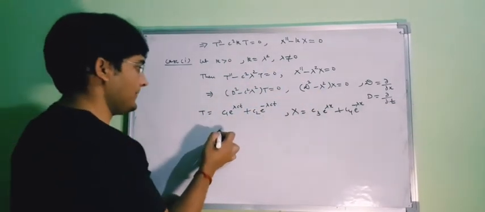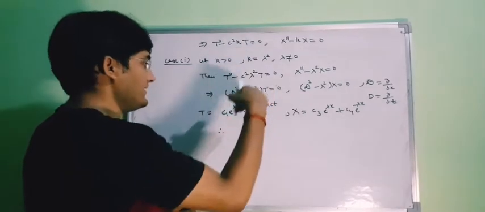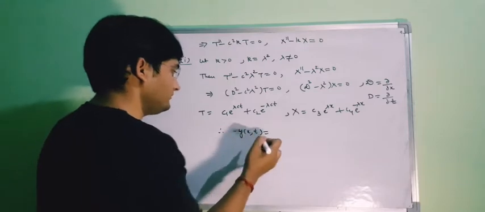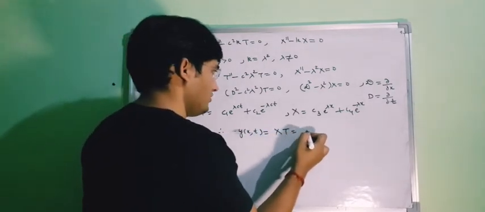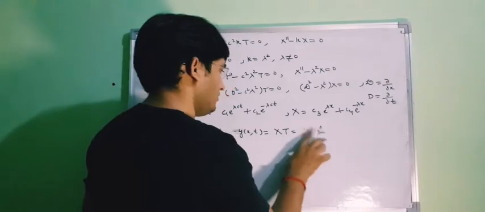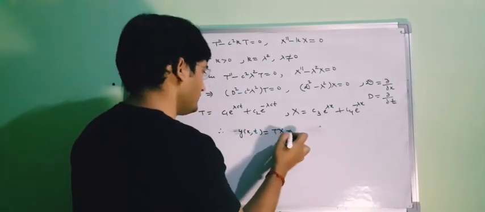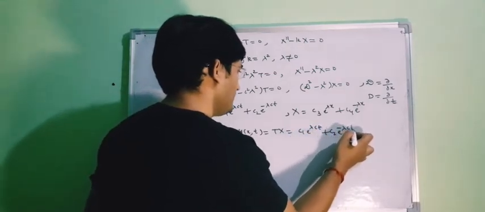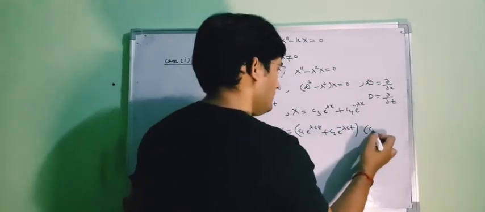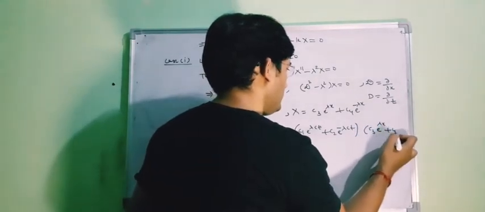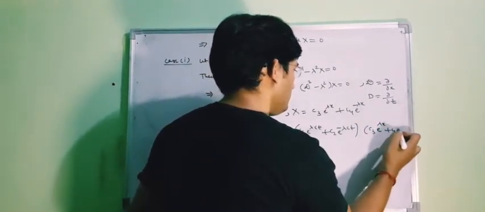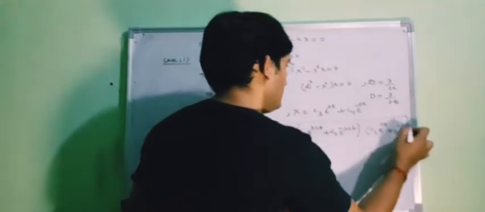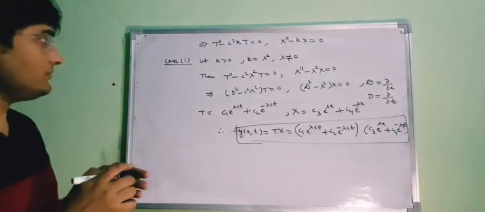Therefore our final solution y(x,t) will be X into T, which is (C1 e^(λct) + C2 e^(−λct)) (C3 e^(λx) + C4 e^(−λx)). So this is the solution when k is greater than 0.